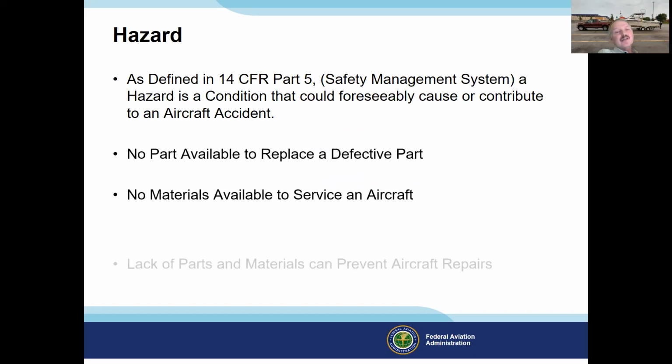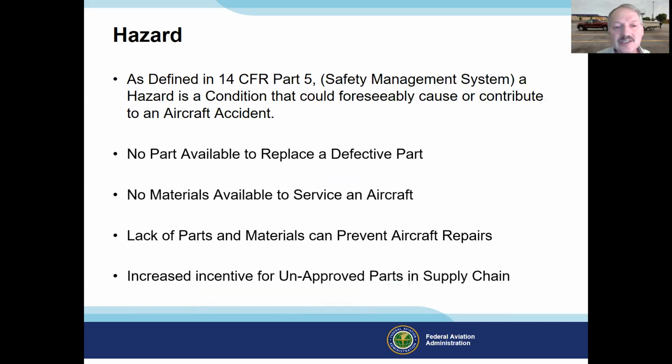Some of the hazards are: no part available to replace a defective part, no materials available to service an aircraft. Lack of parts and materials can prevent aircraft repairs, and this could be an increased incentive for unapproved parts in the supply chain. So those are some of the hazards related to this issue.